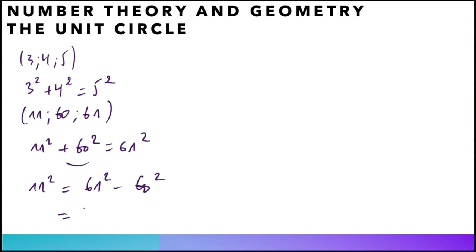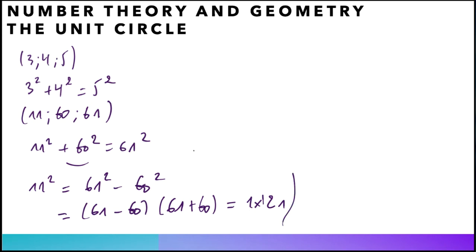And here this is equal to 61 minus 60 times 61 plus 60, which is equal to 1 times 121. And I hope you know that 11 squared is equal to 121. What we've done here is true, so is our first equality.